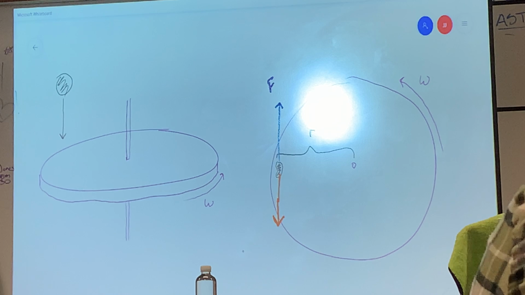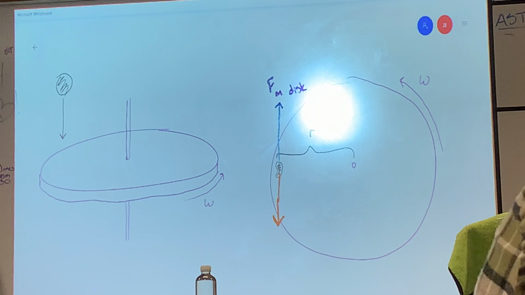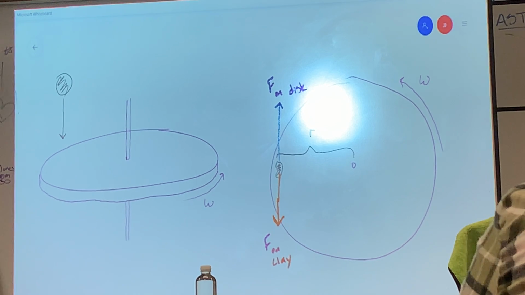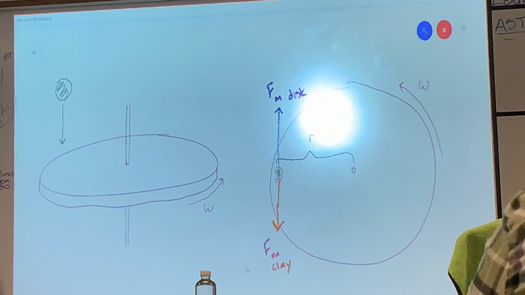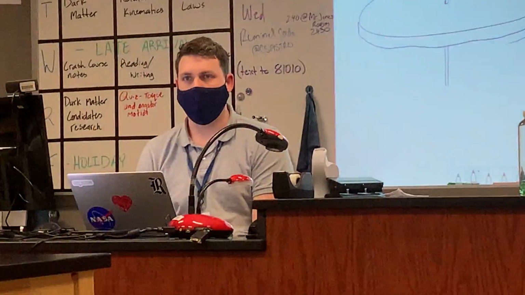So that's force. So guys, looking at my diagram here, do you see why that friction force produces a torque on the disk?